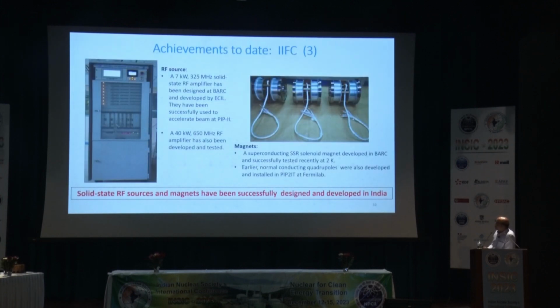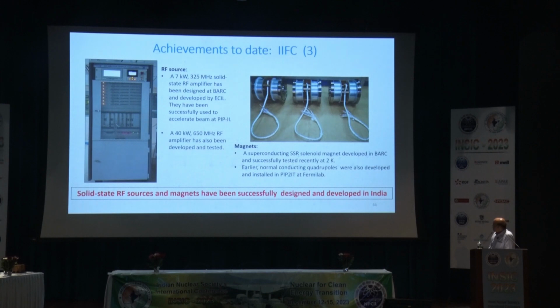Well, we at BARC have designed, developed and supplied to Fermilab 7 kilowatt 325 megahertz RF amplifiers, and they are working in their PIP2 accelerator. Similarly, RRCAT has developed 40 kilowatt 650 megahertz amplifiers, which have been supplied to Fermilab.